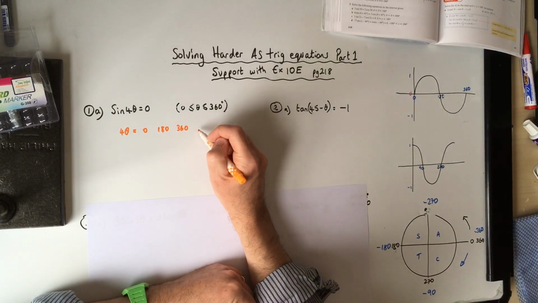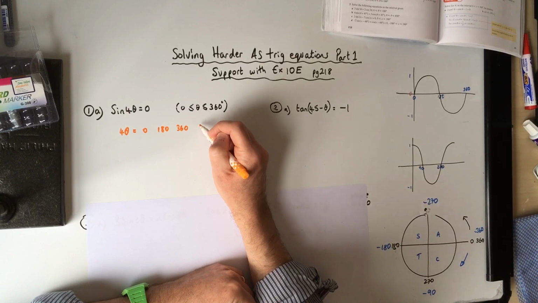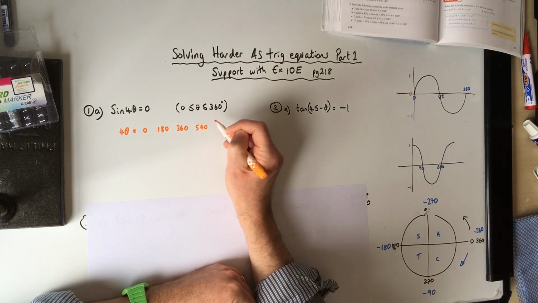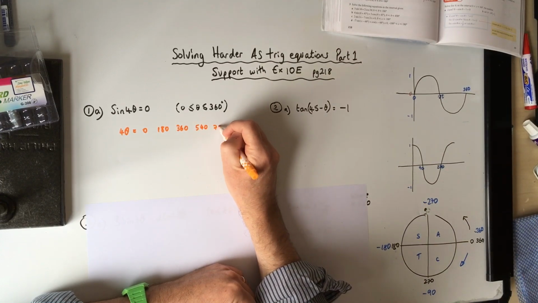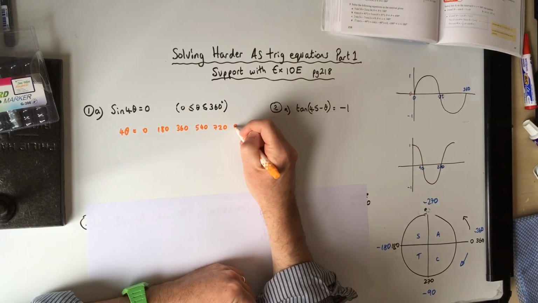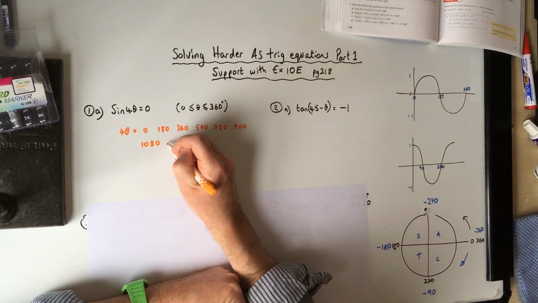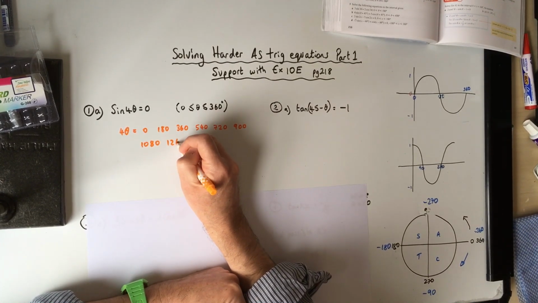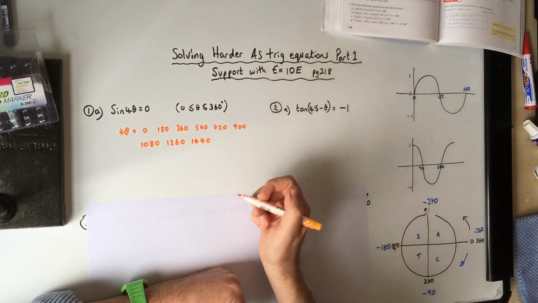So let's keep going. We're going to go 0, 180, 360, 540, another 180 degrees, and then 720, 900, 1080, I've run out of space here, 1260 and 1440 degrees.